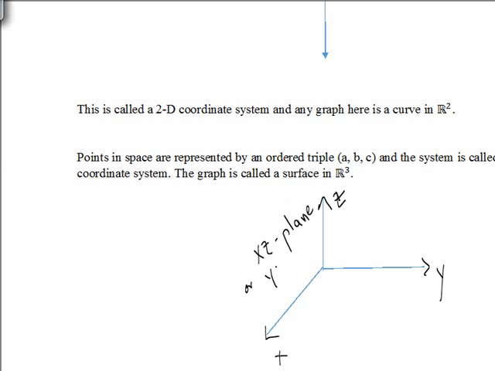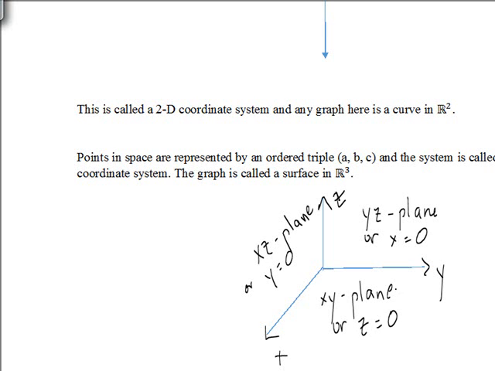The plane comprising the z and y axes is called the yz plane, or the plane x equals 0. And the plane comprising the x and y axes is called the xy plane, or the plane z equals 0. Any questions so far?